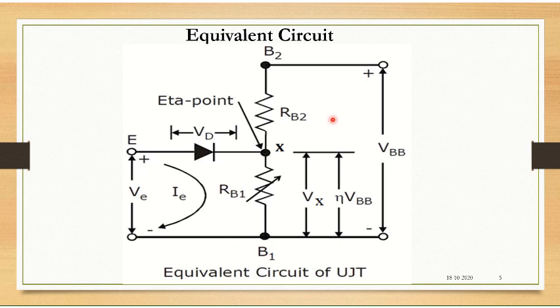The voltages are always measured with respect to B1, taken as the reference. VEE is a variable voltage across the emitter. In a practical scenario, it is not a voltage source but the voltage across a capacitor, which we will discuss in the coming class.